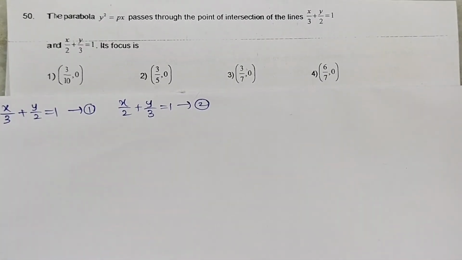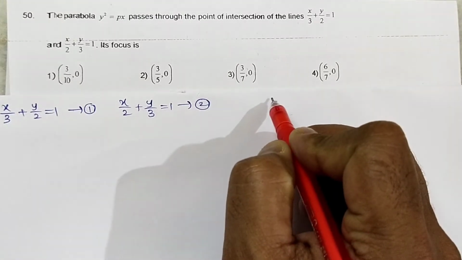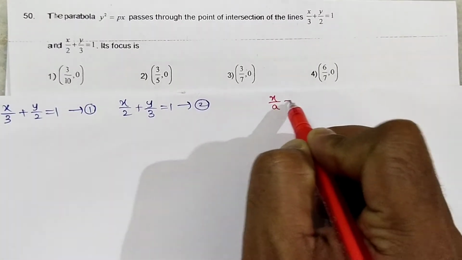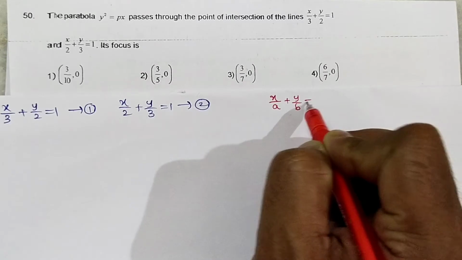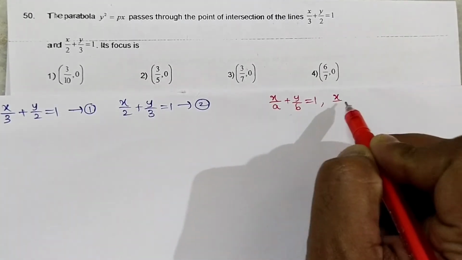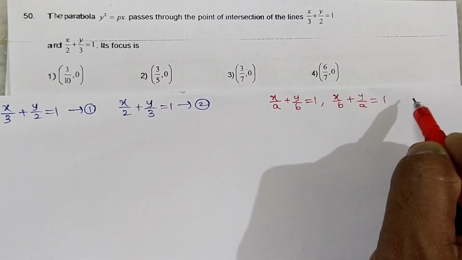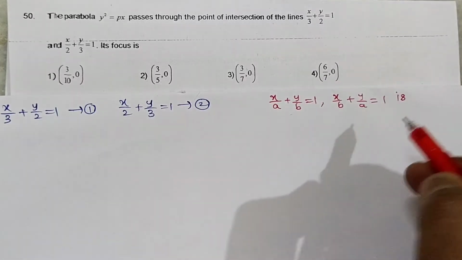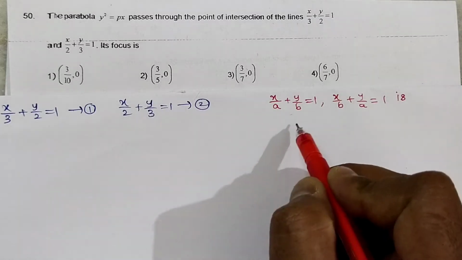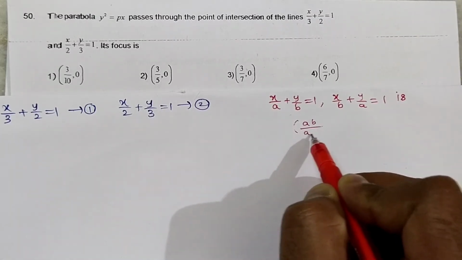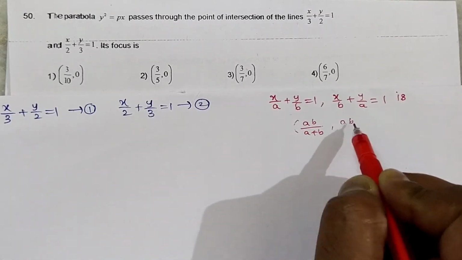We have one shortcut formula. The point of intersection of the lines x by a plus y by b equal to 1 and x by b plus y by a equal to 1 is ab by a plus b, comma ab by a plus b.